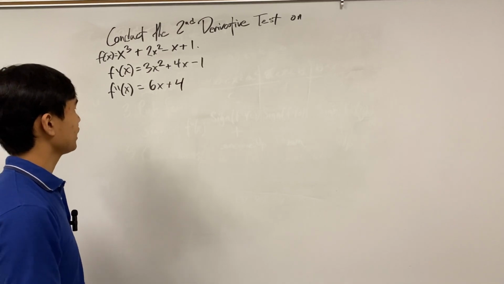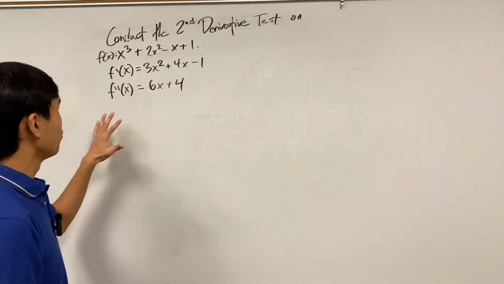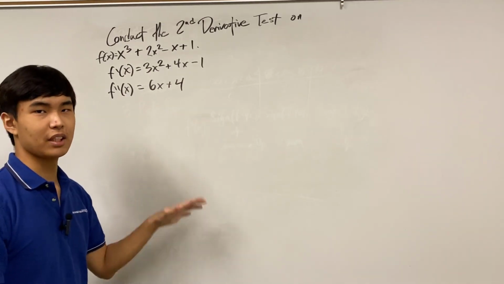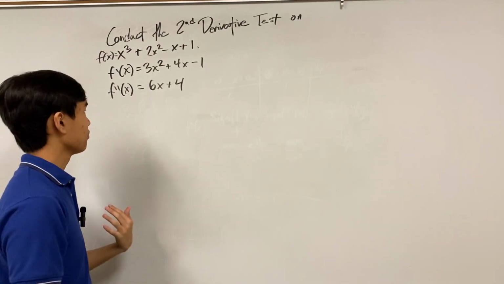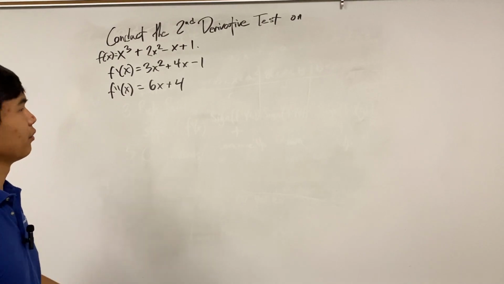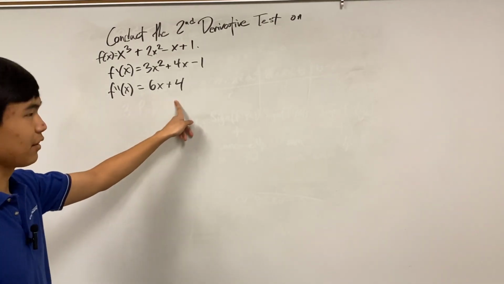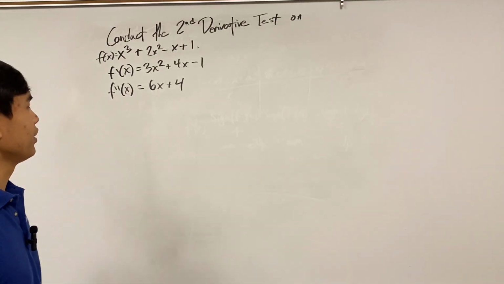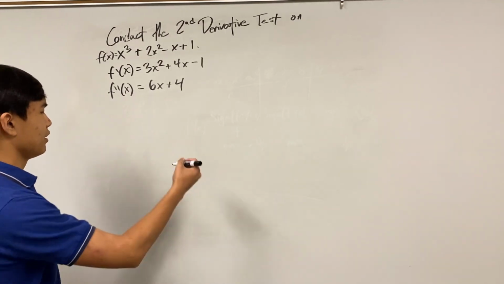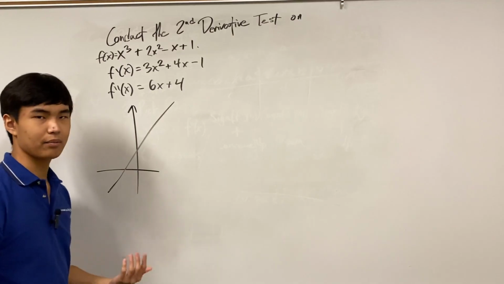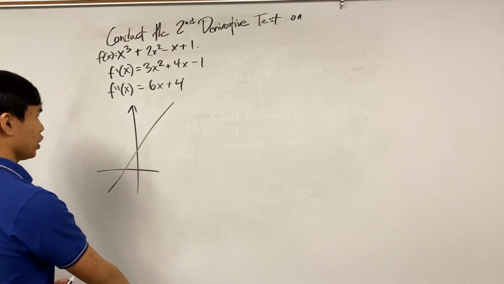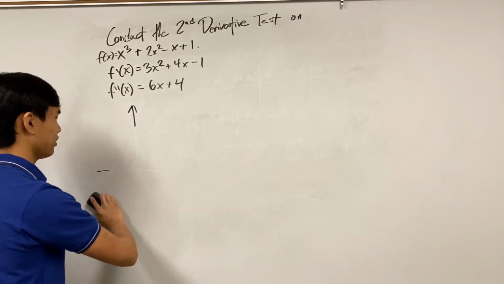Now we need to consider, oh, by the way, when you're finding points of inflection, you also have to consider when the second derivative is undefined too. So let's consider it here. Can this ever be undefined? No, because this is a line, and it's a polynomial function, so it can never be undefined.